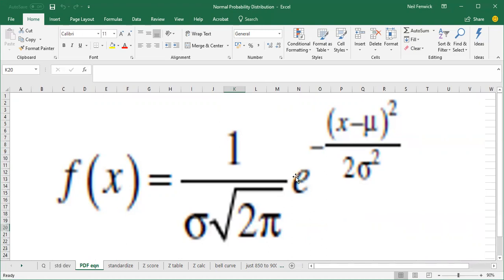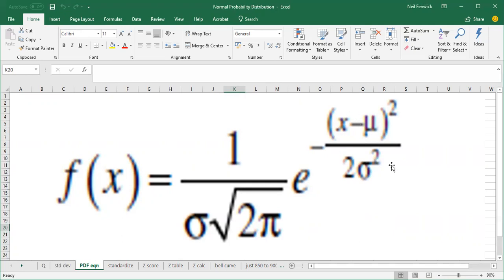It is a constant number, 2.718. And we have an exponent here that's based on the variance from the mean. So x is our sample, mu is the mean, and sigma is the standard deviation.